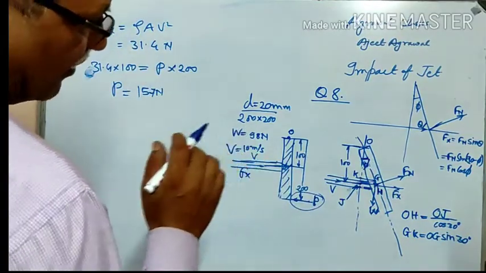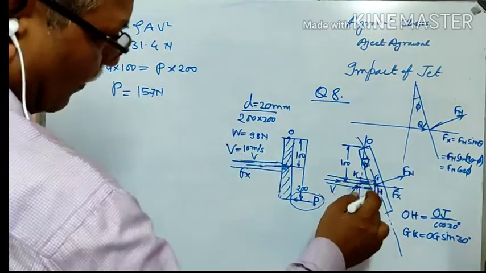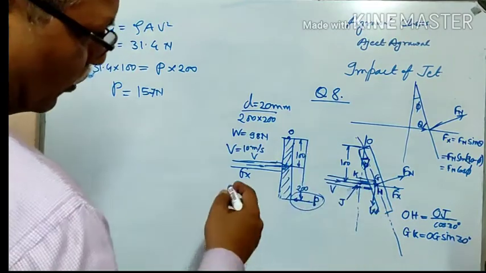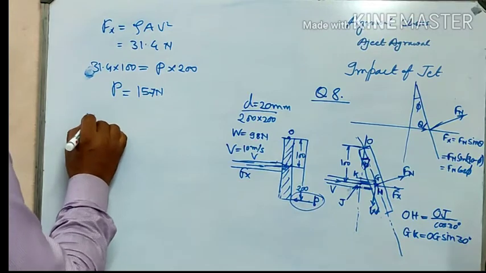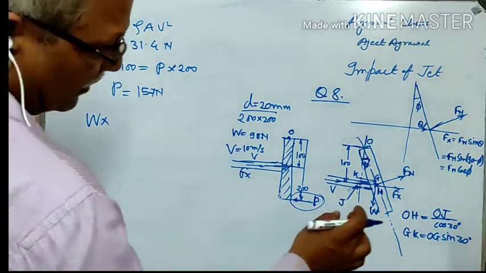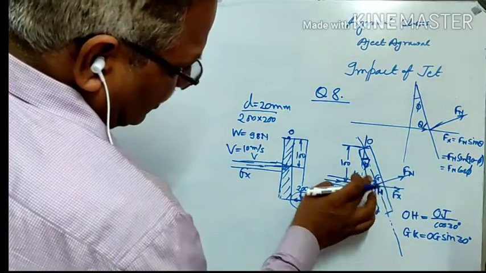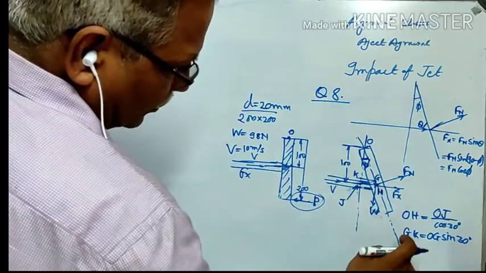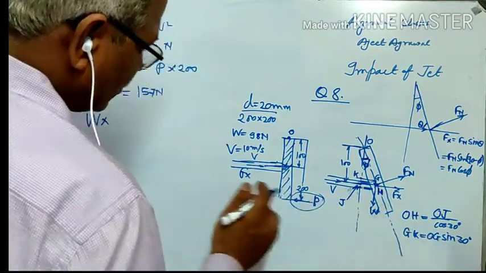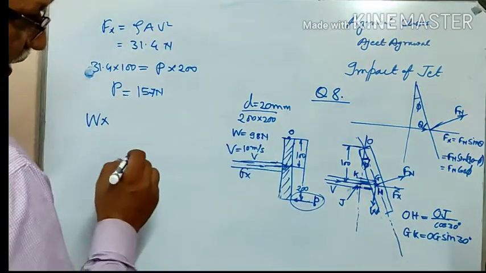So we'll take again the moment about point O. W is making this plate move in the clockwise direction, so W multiplied by the distance GK, which is OG sine phi.